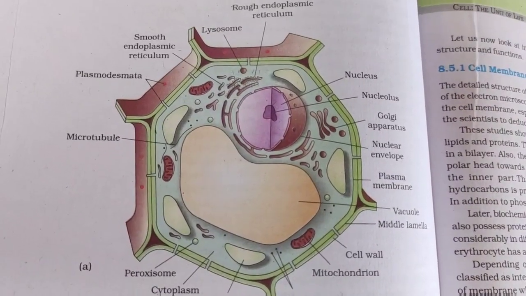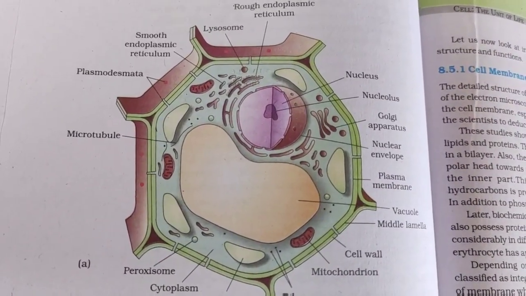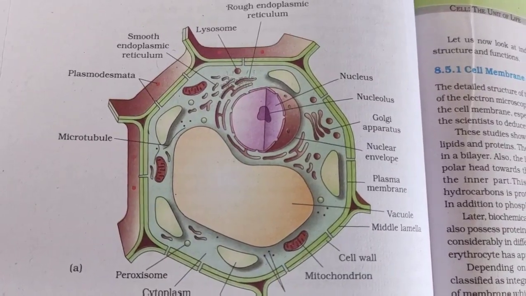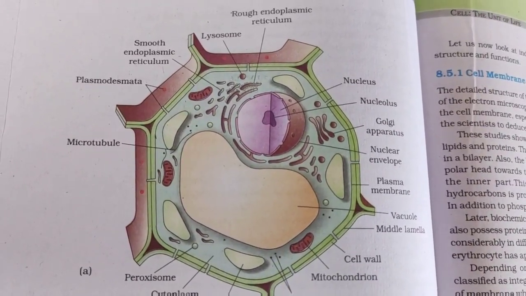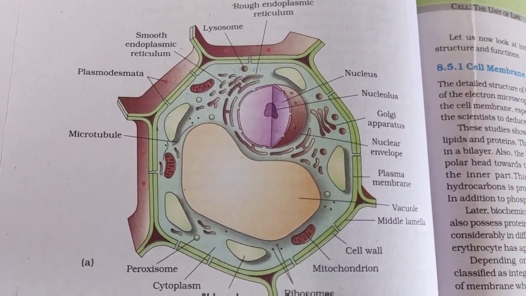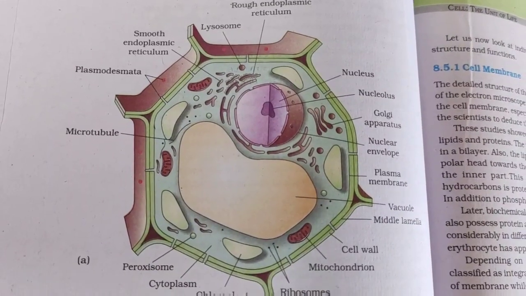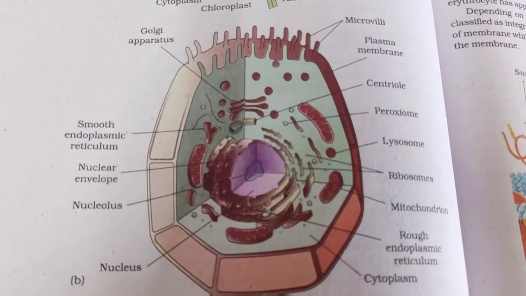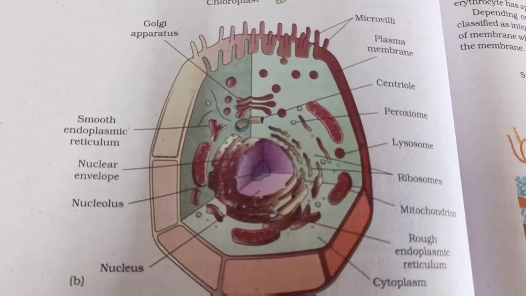Cytoplasm in the plant cell acts like an arena. Arena basically means an area where all types of functions happen inside a cell.